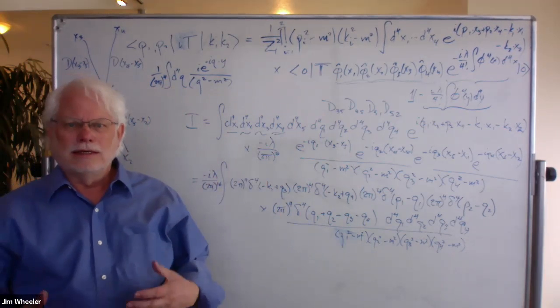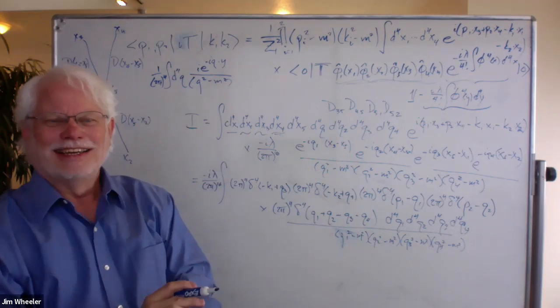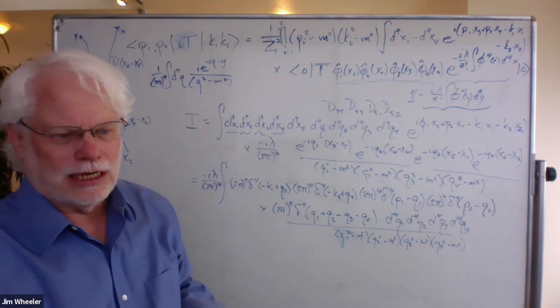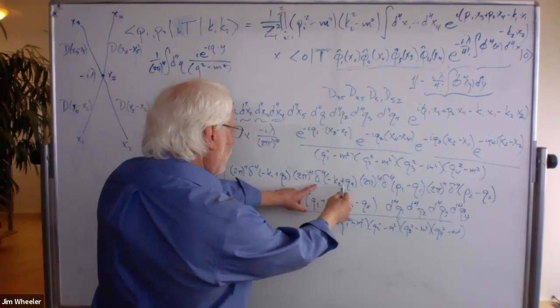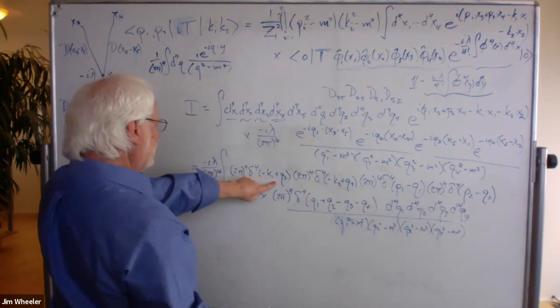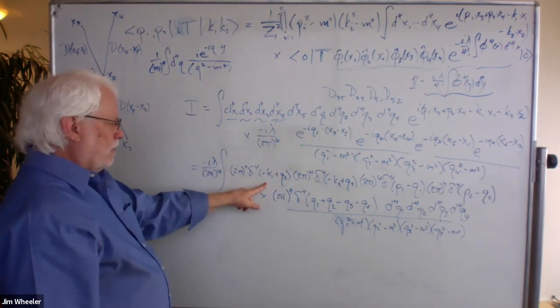Okay. We've just done 20 integrals. Woo! All right, so now we do 16 more, right? And you have to be a little bit careful here because the arguments of some of the delta functions depend on the arguments of others. So when we integrate here, we're going to set q3 equal to k1.